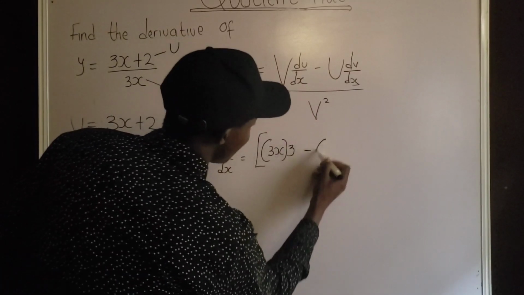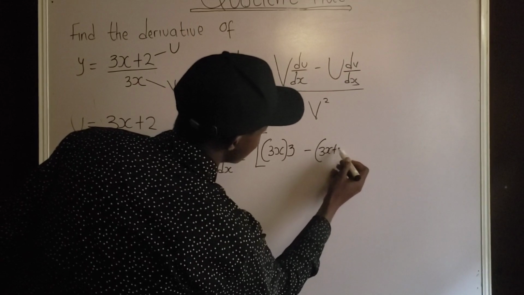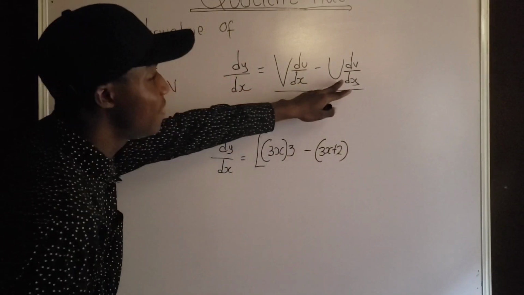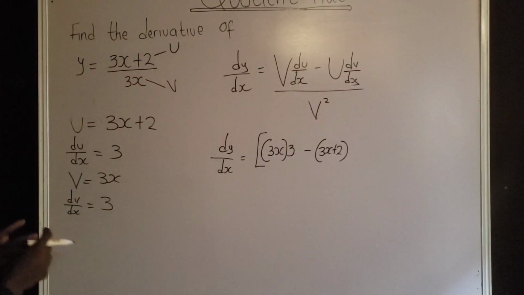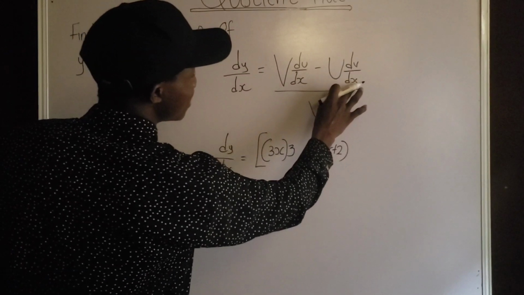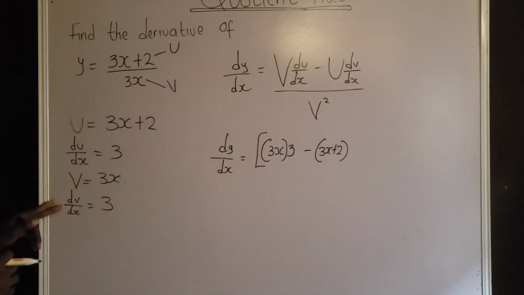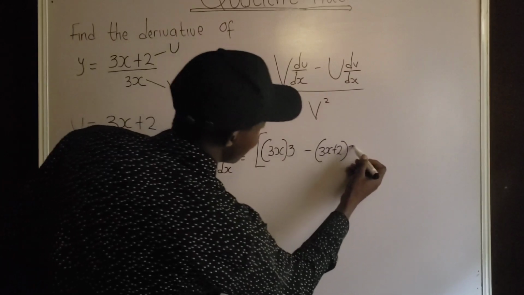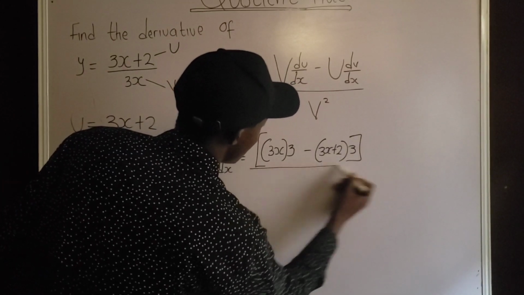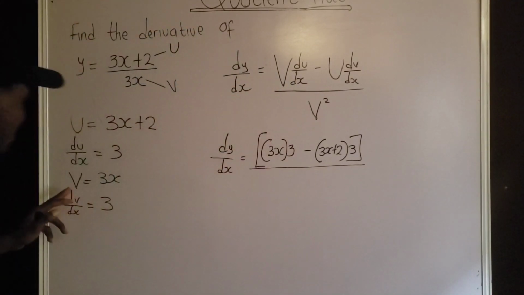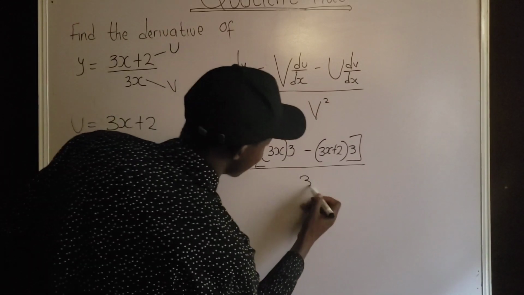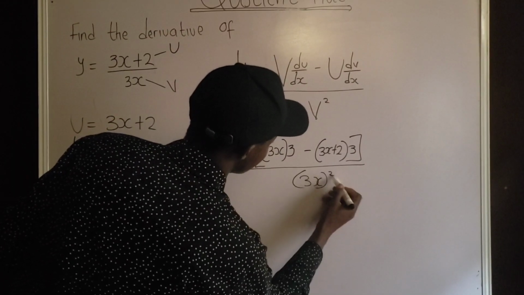So I'm going to have 3x plus 2 multiplied by dv over dx. dv over dx is 3, so that will be 3 also, all over v squared. Don't forget that v is what? 3x. So I'm going to have (3x) squared.